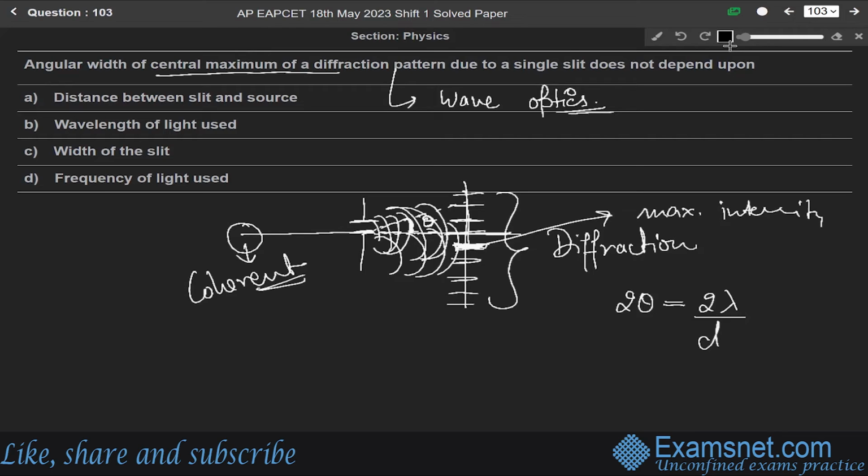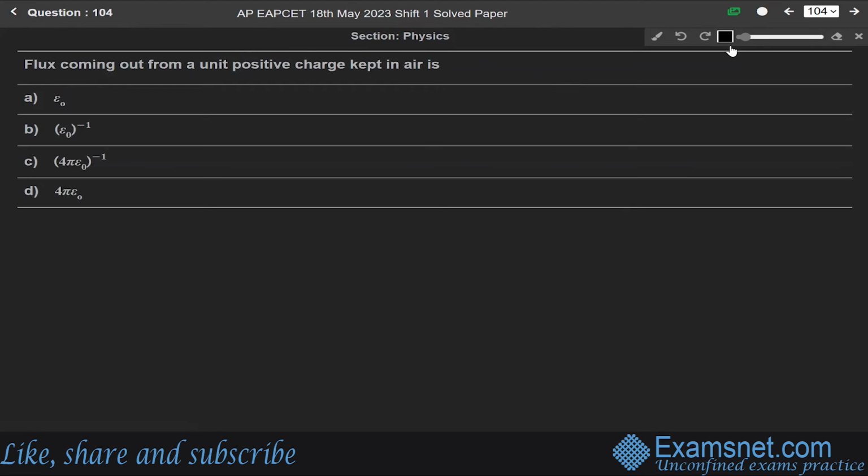So the angular width does not depend on the distance between the source and the slit, meaning it does not depend on capital D, where capital D is the distance between the slit and the screen, okay. So the correct option is option A, that it does not depend on the distance between slit and the source, okay.